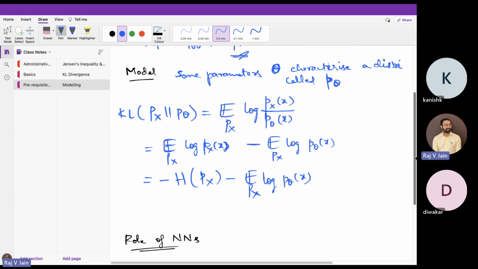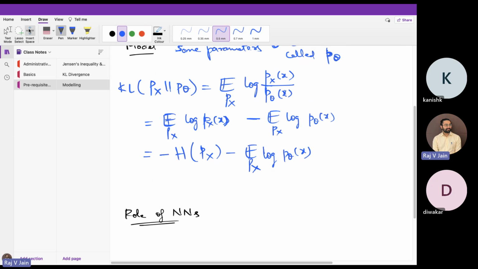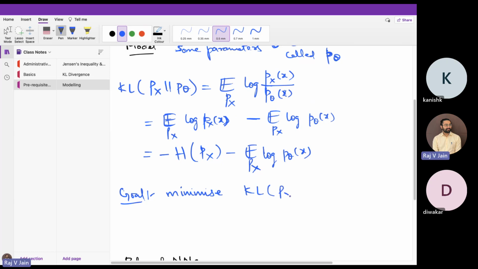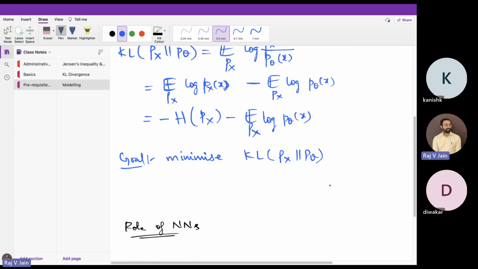So when I want to make p theta close to px, the goal turns out to be that I want to minimize the KL divergence between px and p theta. But minimize how? Over theta.